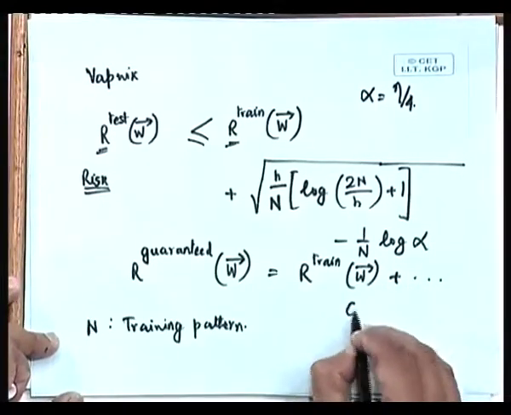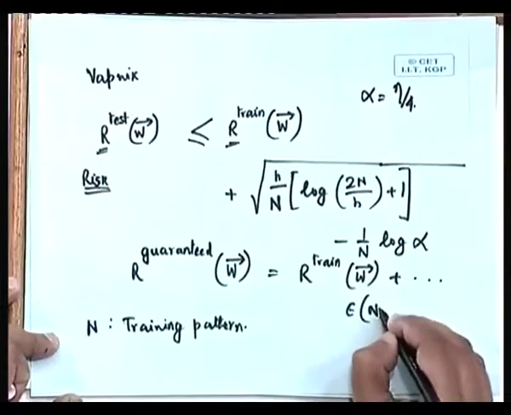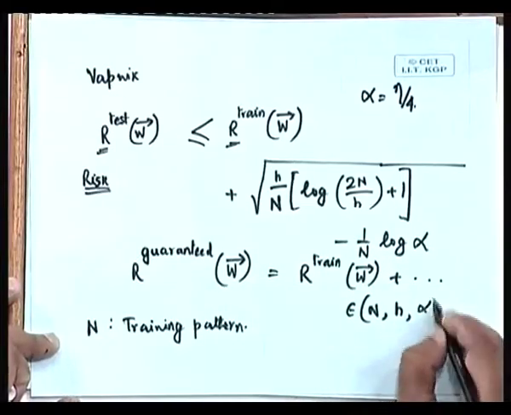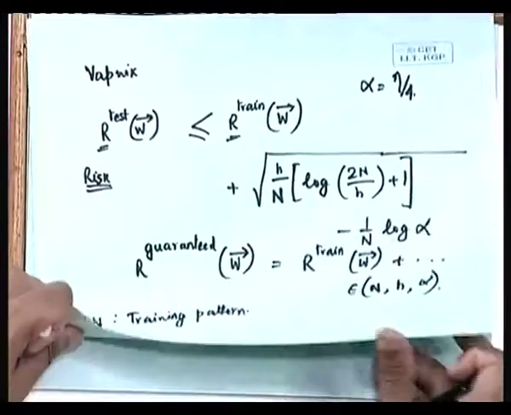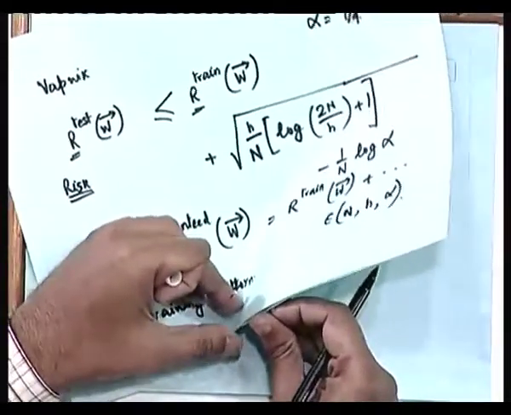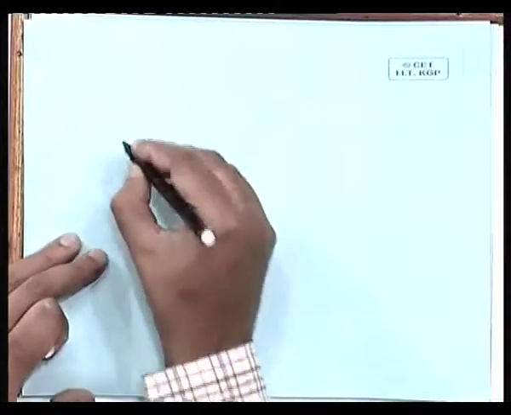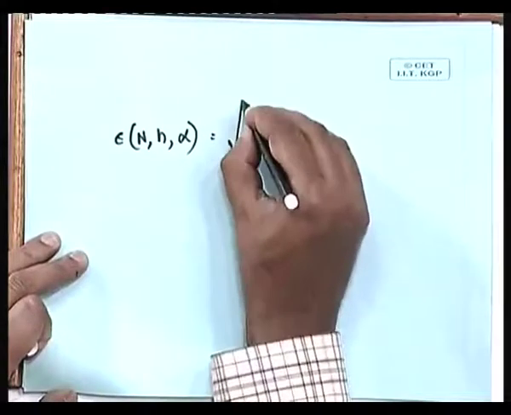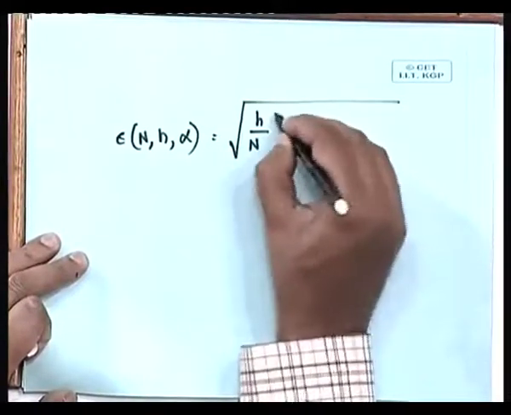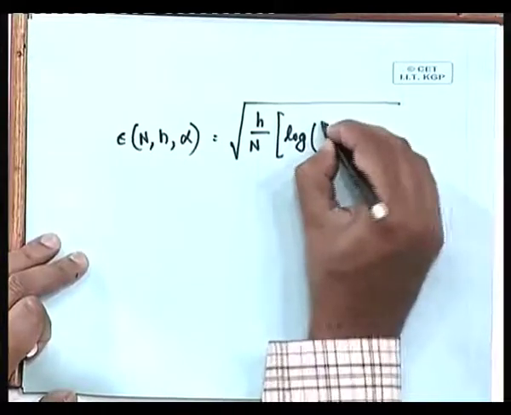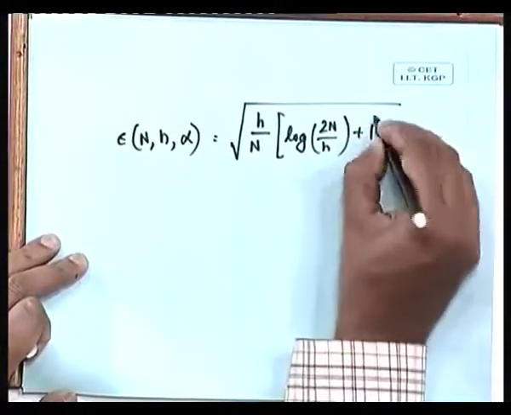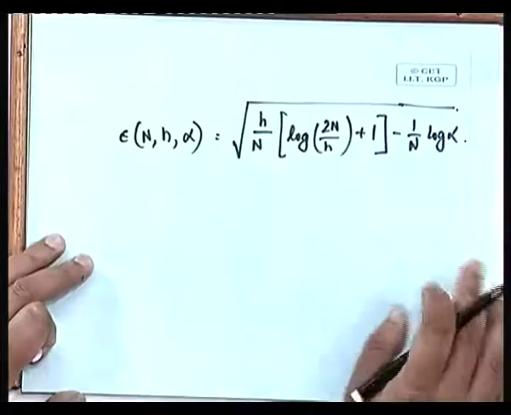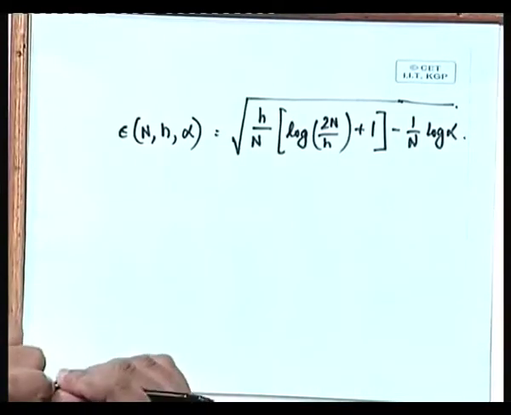We are going to call this epsilon, which is expressible as a function of three things, N, H and alpha, where epsilon of N, H, alpha is this expression, that is, square root of H by N into log 2N by H plus 1, minus 1 by N log of alpha.